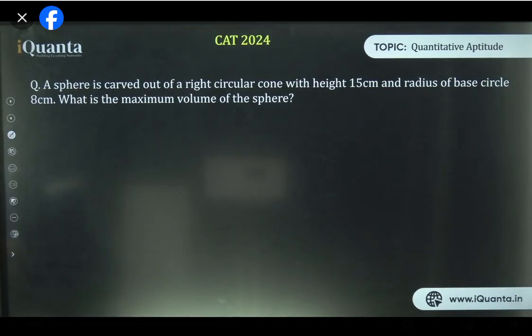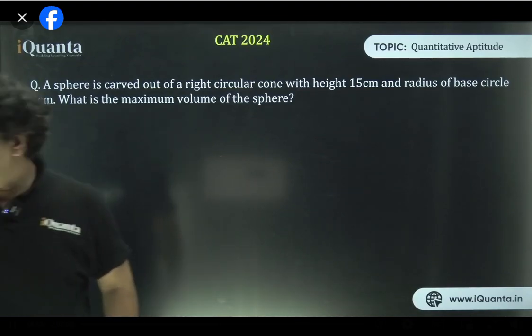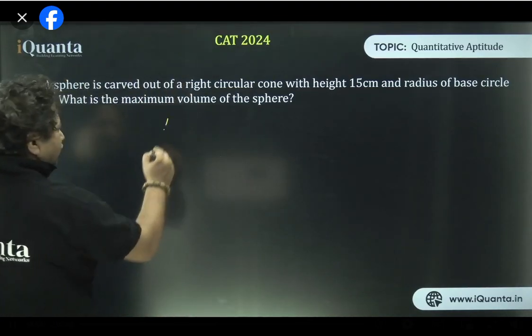Use pi only, no? Write the answer in pi. I don't really mind. How many of you are not able to approach? Let's draw the cone first of all.